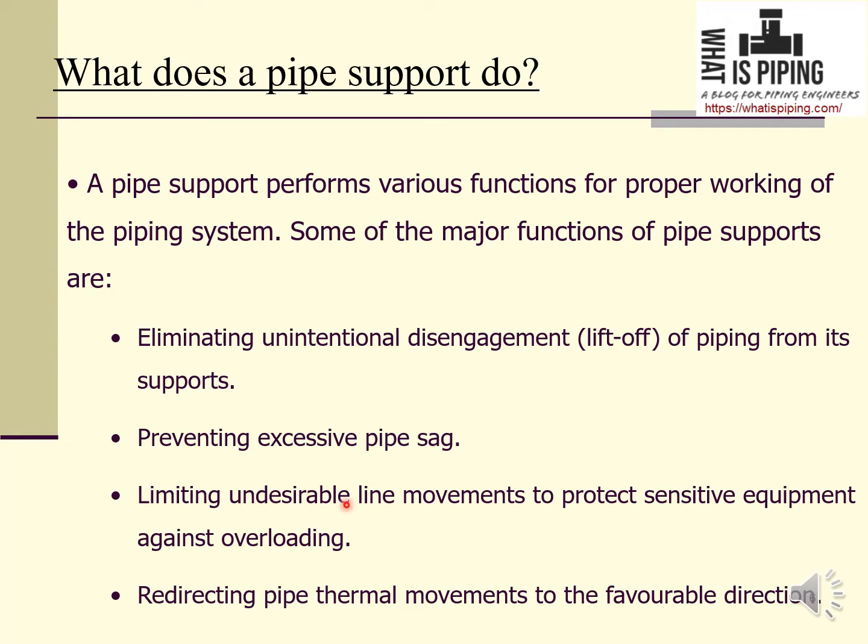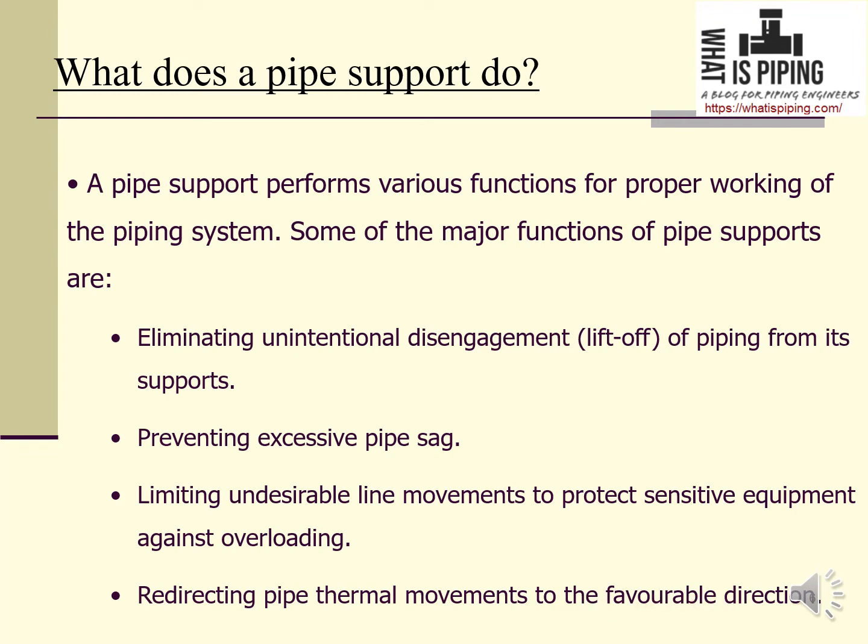Now limiting undesirable line movements to protect sensitive equipment against overloading. So piping supports can play an important role in limiting the unintentional displacements so that sensitive equipment is safeguarded from overloading. Next is redirecting pipe thermal movements to a favorable direction.